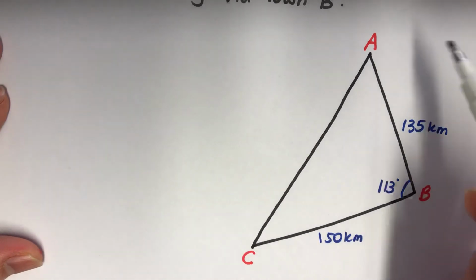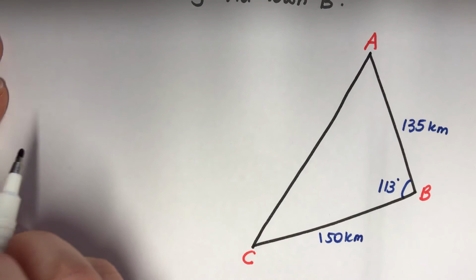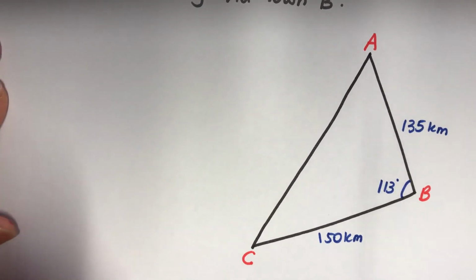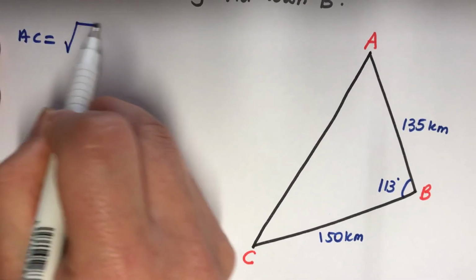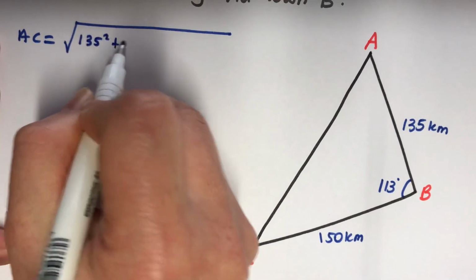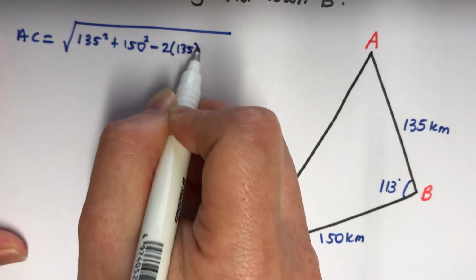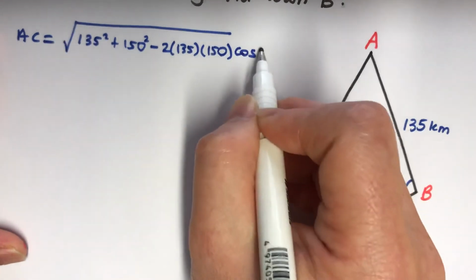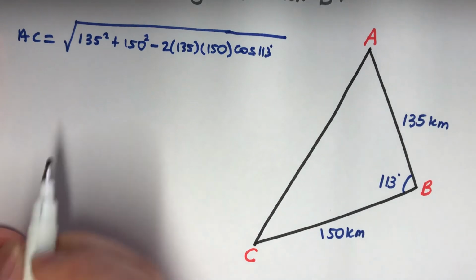So I need to know first what's the distance AC. Now that is very similar to what we've done in the previous question. We have to use cosine rule. So AC equals the square root of 135 squared plus 150 squared minus 2 times 135 times 150 cos 113, and put that in your calculator.